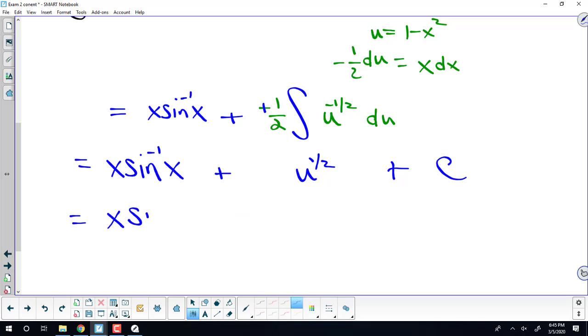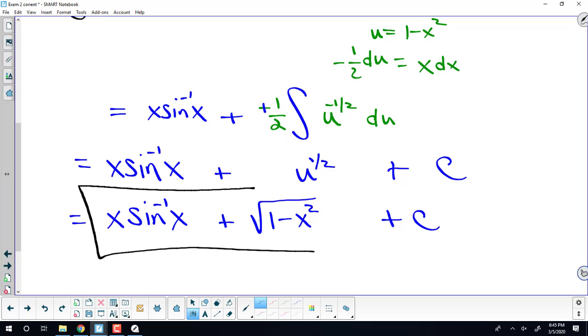So the antiderivative here is then x inverse sine of x plus 1 minus x squared to the 1/2 plus c. Any of the other inverse trig functions, very similar process. Do you have any questions on that?